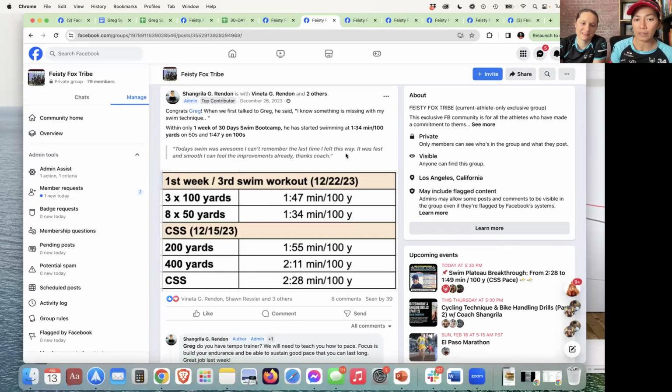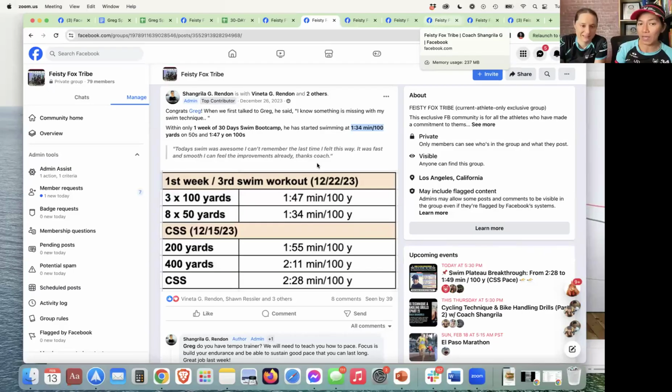Well, I checked out the data. Yeah, because he was swimming 134 in the first week. Do you still remember this, Greg? I do. Yeah, you were excited because it was the first week. So you can see the data, I hope. I'm sharing this data. This one is the first week after he started.